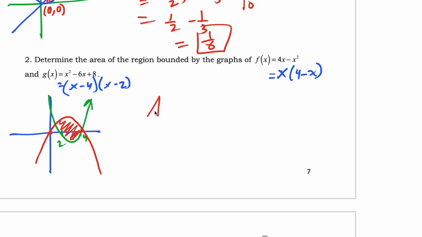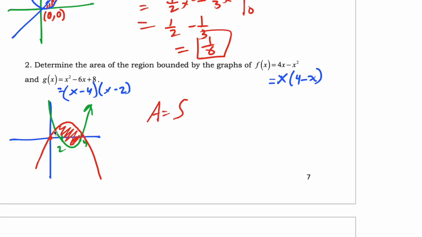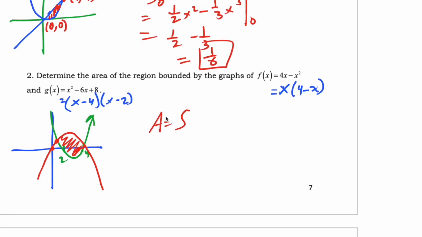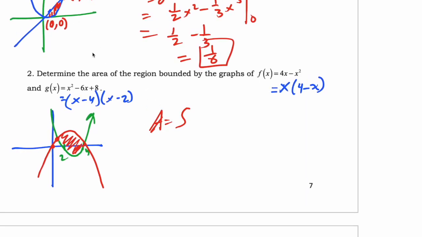Okay, so the area is equal to, and we need to find the point of intersection right there. Okay, so let's do that actually first. The point of intersection, we just set them equal to each other.